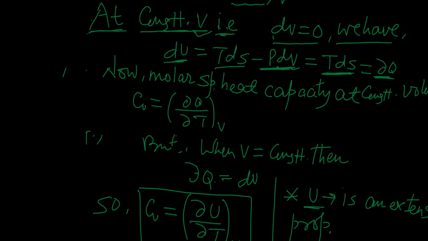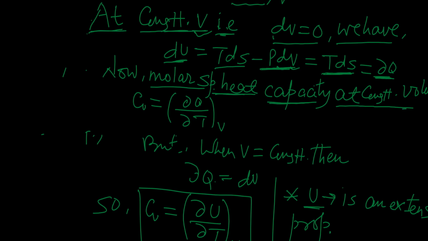Now we define the molar specific heat capacity of a system at constant volume, molar heat capacity at constant volume, denoted by CV.